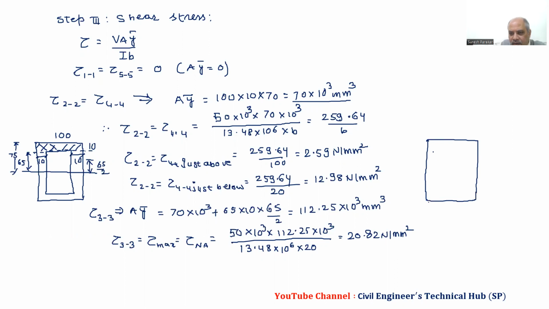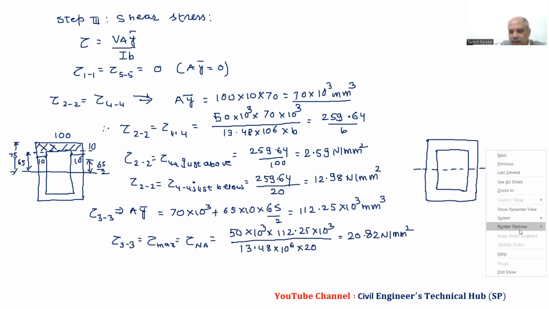Shear stress is always 0 at top and bottom, and bending stress is always maximum at top and bottom. So now I will plot this diagram.